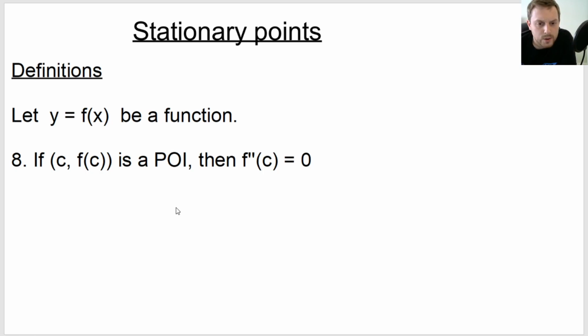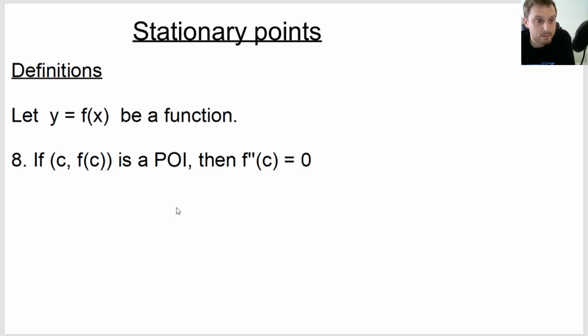So, point number 8: if you have a point of inflection, any kind of point of inflection, whether stationary or non-stationary, then at that point the second derivative will be 0. However, not all points that have second derivative 0 are going to be points of inflection. This is a one-way implication. If you have a point of inflection, then f double dash is 0.